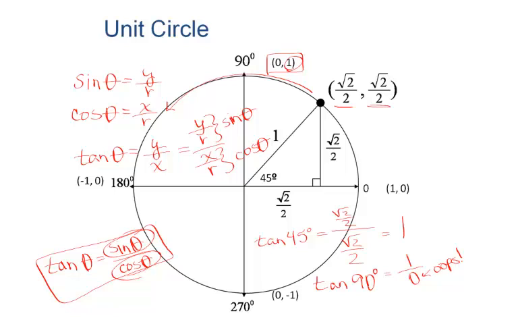Well, for those of you that have had trigonometry, you recognize that the tangent of 90 degrees is undefined. And there's why it's undefined. It's undefined because we can't divide by 0. Cosine of 90 degrees is in the denominator for the tangent of 90 degrees, and it equals 0 at 90 degrees. So tangent of 90 degrees is undefined.